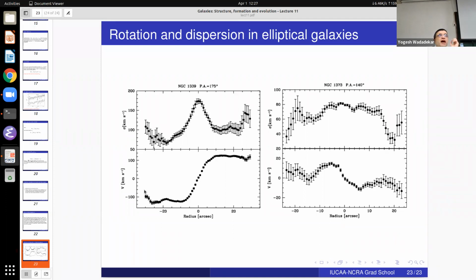The question then being asked is, why did we not discover them earlier? It turns out that there is a slight mass and luminosity bias in this. Earlier, people were looking only at the more luminous galaxies. And it turns out that the more luminous galaxies are like this, and the less luminous ellipticals have kinematics that is much more ordered.